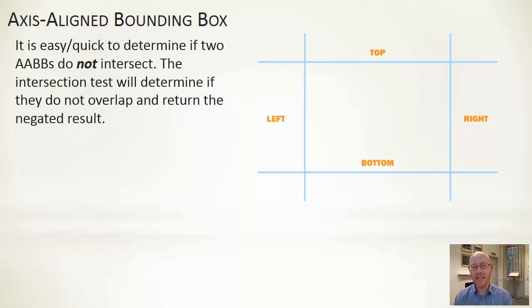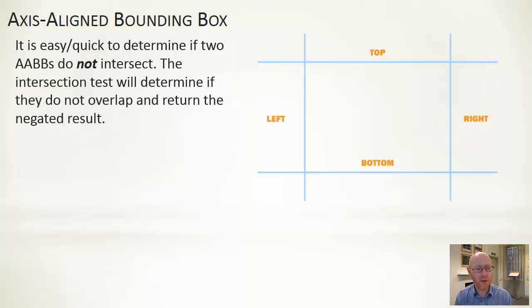It is easy to think about what conditions, if they are true, mean that they definitely do not overlap. So we're almost viewing this as a negated problem. We'll work out what means that they're not overlapped, and do all the different tests there. And if those things are all false, it means that they must actually be overlapped.